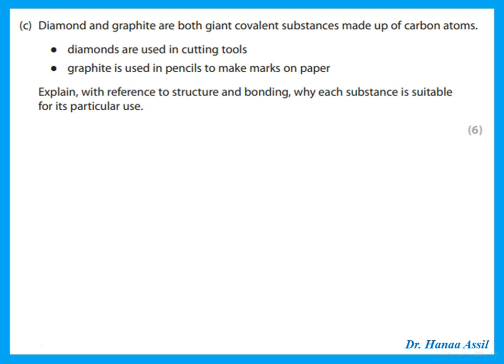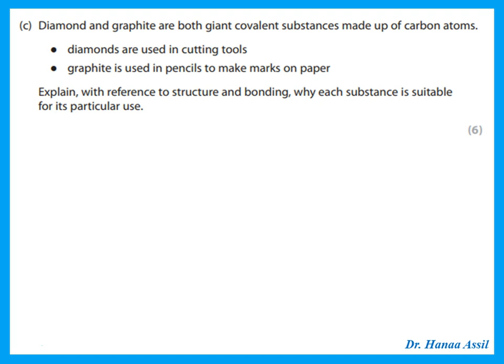Diamond and graphite are both giant covalent substances made up of carbon atoms. And he's saying diamond is used in cutting tools, graphite is used in pencils to make marks on paper. Explain with reference to structure and bonding why each substance is suitable for its particular use.